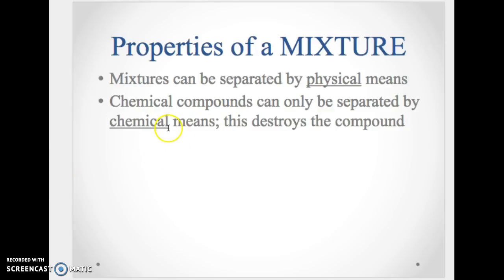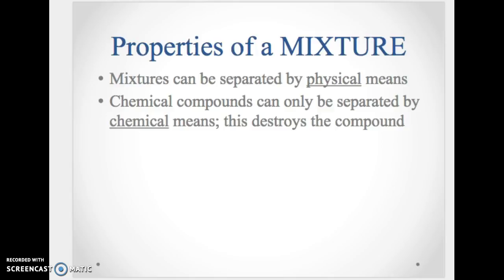In a compound, they have to be separated by some sort of chemical means, meaning that I have to, I don't know, boil it, or cook it, or add another chemical to destroy it in some way. Once I do that, then it's no longer that compound. So mixtures can be separated physically, compounds have to be separated chemically.